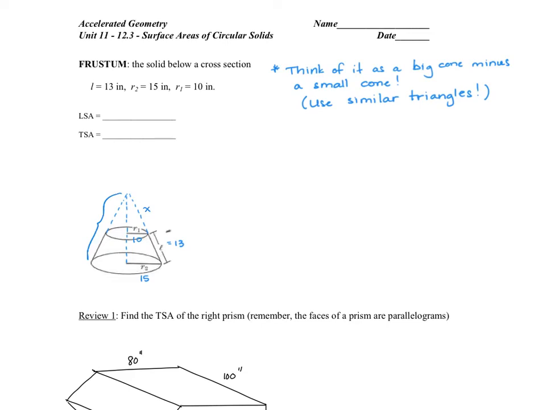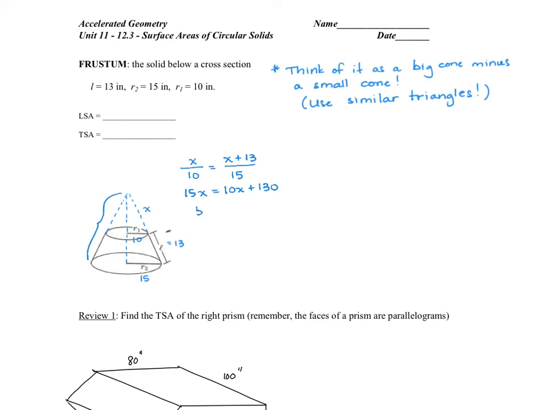So we can use our similar triangles and we can say x over 10 is equal to x plus 13 over 15. And when I cross multiply, I get 15x is equal to 10x plus 130.